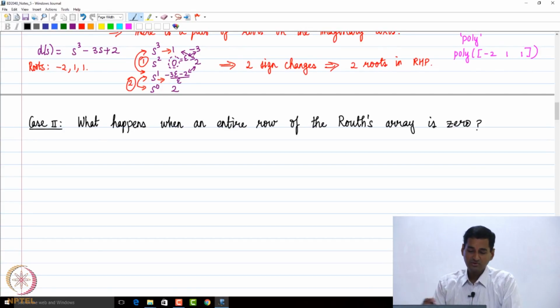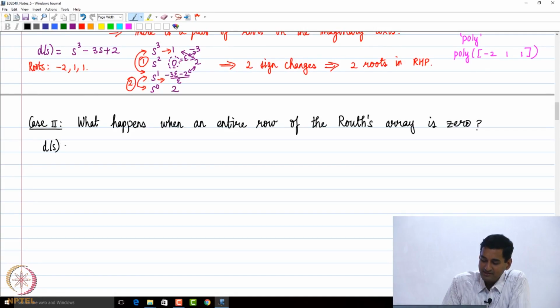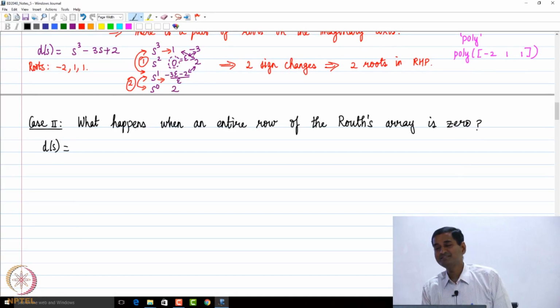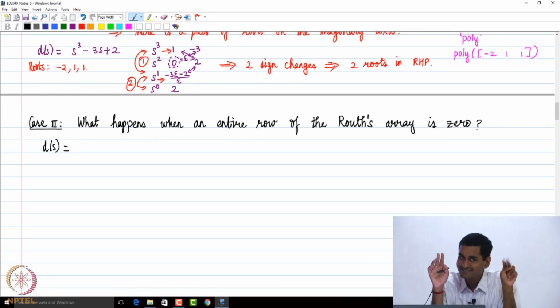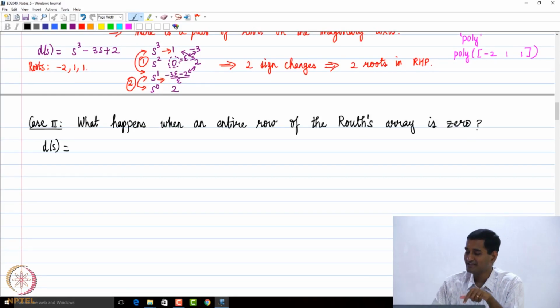So, let us consider a polynomial. In order to address his question, I am going to give you a polynomial where the necessary condition is satisfied. I just deviated from it to show you an example, but that is why I wanted to show you that just by observation you can't generalize for polynomials of order 3 and more.